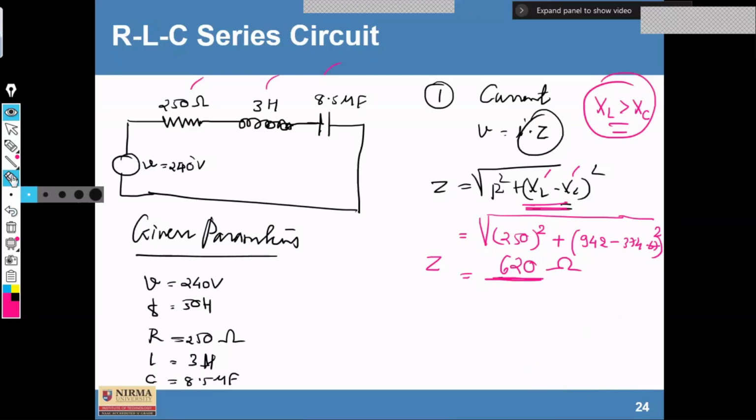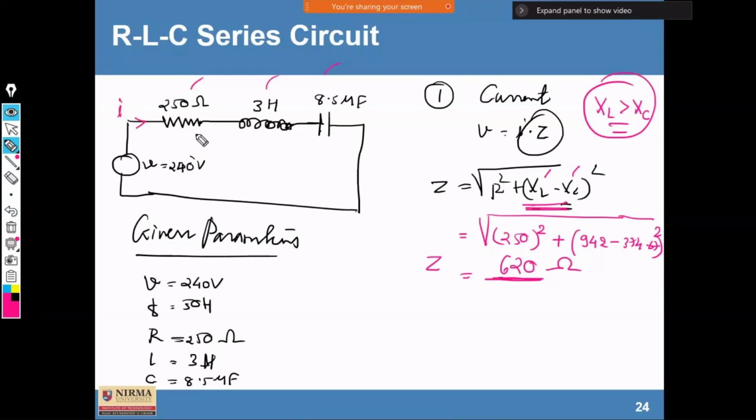Now, the amount of current flowing through all three passive elements, current is common for all these three passive elements. And we know that the equation is V is equal to I into Z. Now the value of V is 250 volt here, and Z is 620.